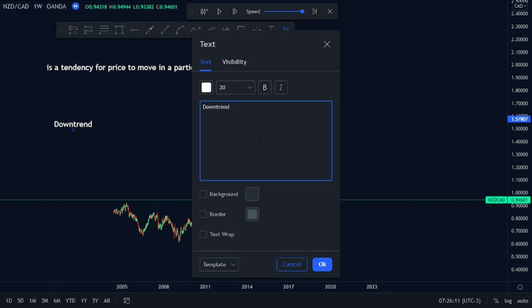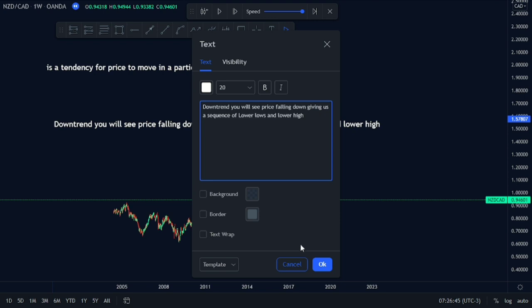So for a downtrend, and write down, for a downtrend, you'll see price falling down, giving us a sequence of lower lows and lower highs.